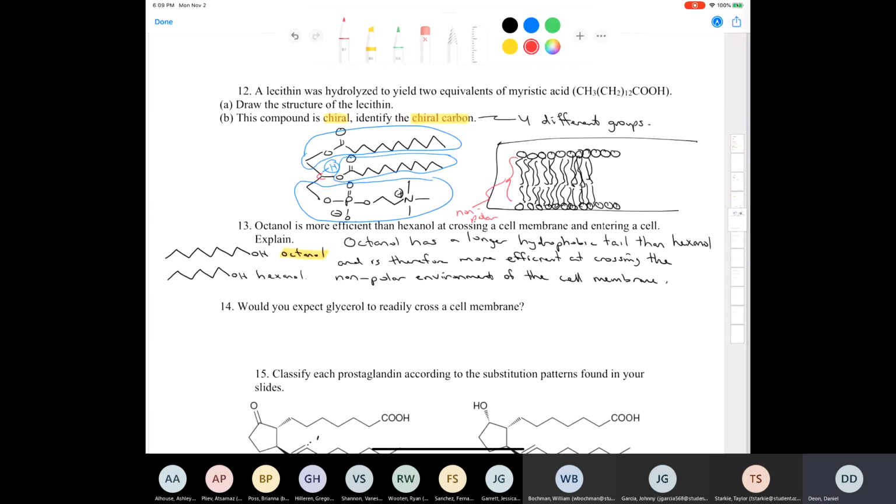Let's see. I don't know, this is kind of a fun one, number 14. Would you expect glycerol to be able to cross the cell membrane? Anybody have an idea about this one? It's not meant to be a trick question. It's more just kind of looking at the structure of glycerol and thinking out loud about it. Do you think glycerol could cross the cell membrane, based off of what we just talked about?